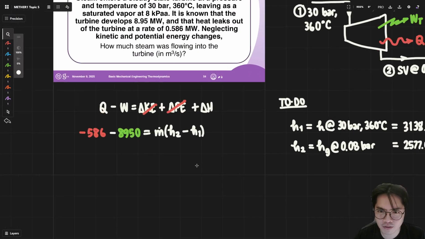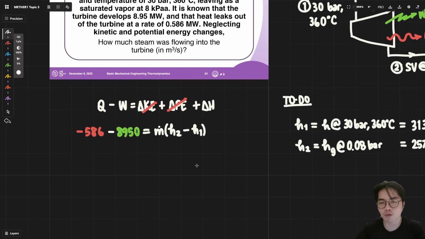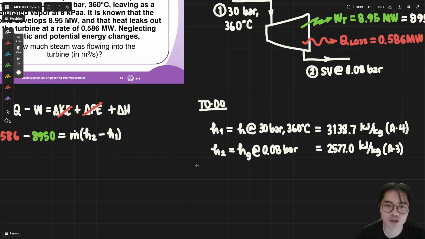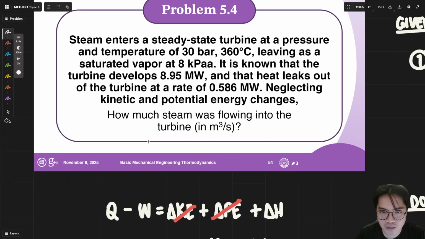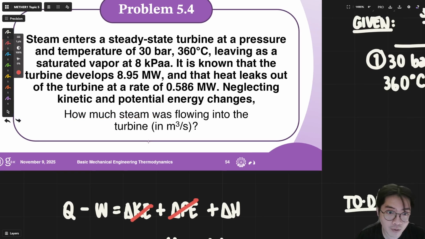Now we just get everything. And notice, before we go out, we should not let this slip away because how much steam is flowing into the turbine is not in kilograms per second. Usually, when we hear about how much steam, we think that's a mass flow rate.